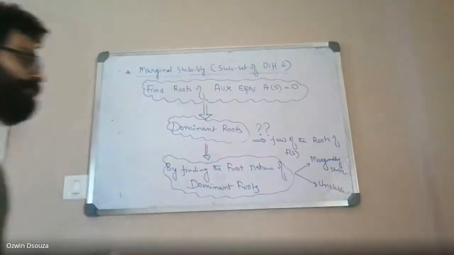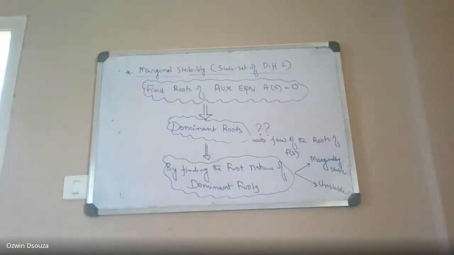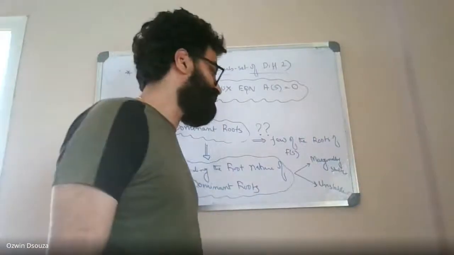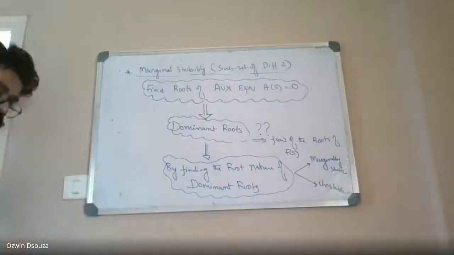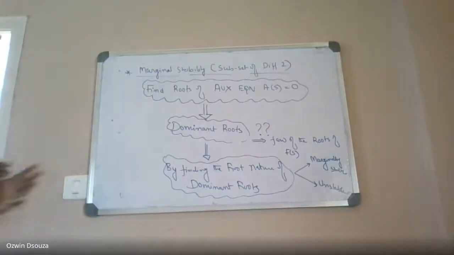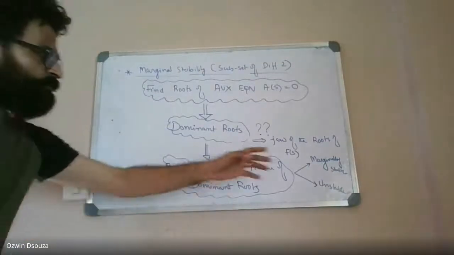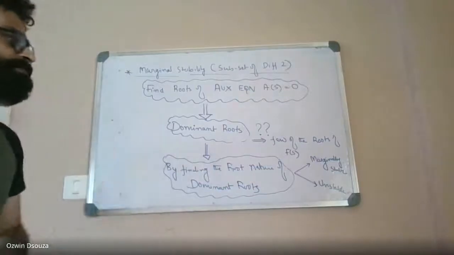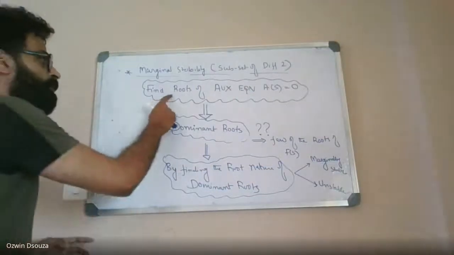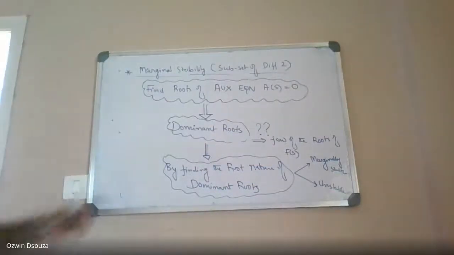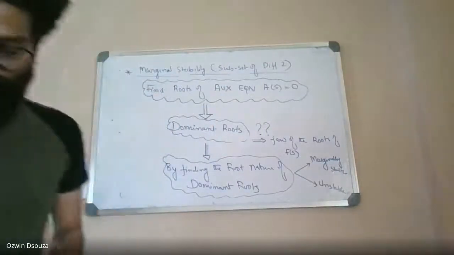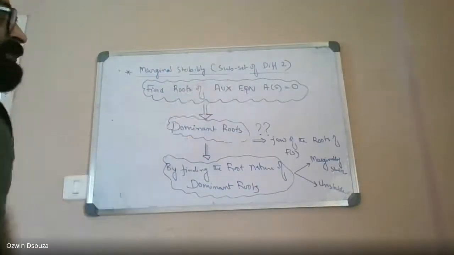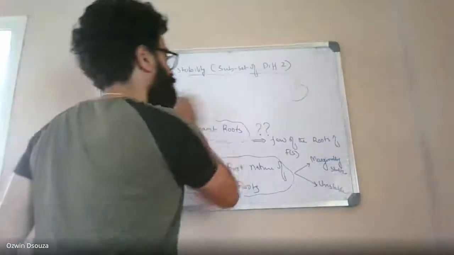Either you will get a marginally stable system or an unstable system. To find whether the system is marginally stable or unstable, you have to find the roots of the auxiliary equation.